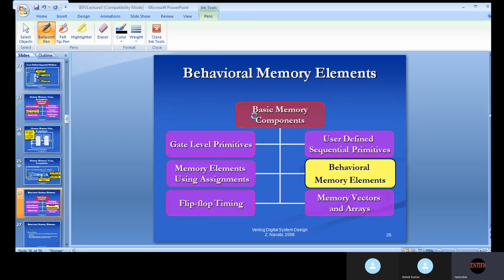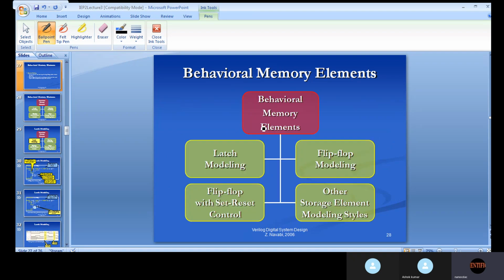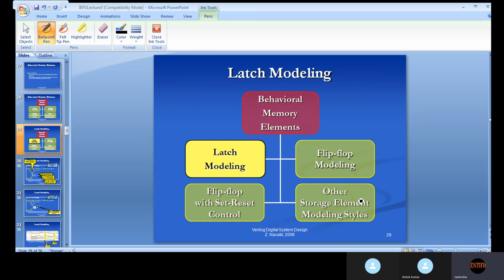This is UDP. So behavioral memory element, here the storage of data and sensitivity to clock and other control inputs will be implied in the way the model is written. Okay, so ikkada behavioral memory elements lo we have latch modeling, flip-flop modeling, flip-flop set reset control, and other storage element modeling styles also will be there.